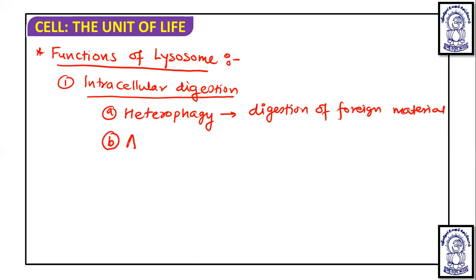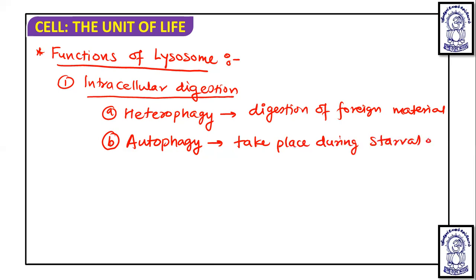And the B is autophagy. Now this autophagy takes place during the starvation of the cell, during starvation of a cell or a deficient food supply.